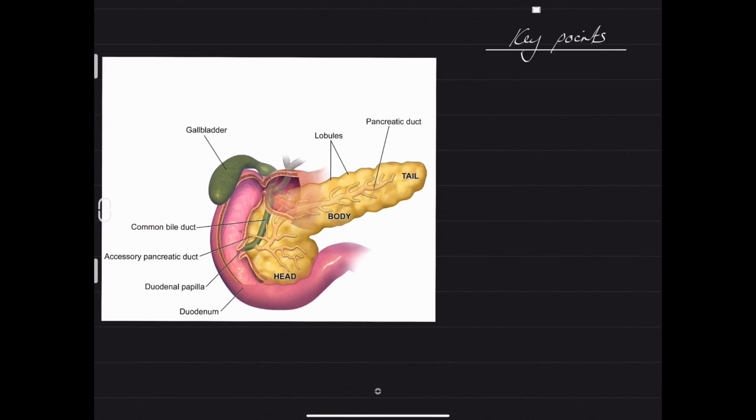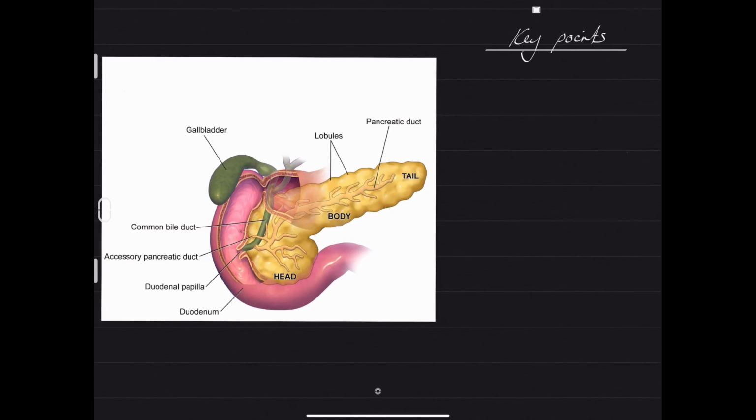Now you see how the gallbladder has a connecting duct close to the pancreatic duct. So along with the digestive enzymes that are secreted into the small intestine, you also have bile coming along with it. This helps create the correct conditions for these specific enzymes to work.